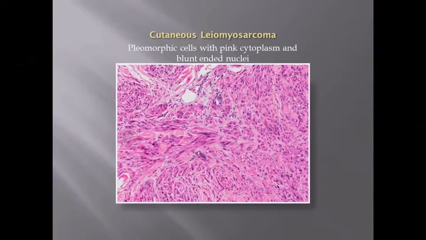But in early stages, when mitotic activity is not present and the nuclear pleomorphism is minimal, the two features which we should carefully look into are extension into subcutaneous fat and lymphovascular space permeation.